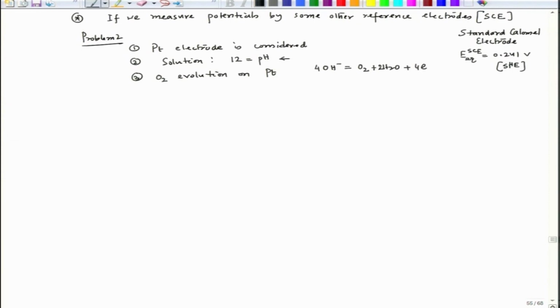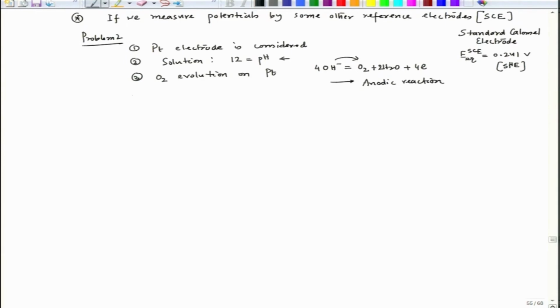So, this is the reaction we should consider. Now, we could see that oxygen evolution can take place if the reaction is anodic, that means the reaction is moving this way. So, that means we are considering the anodic reaction.